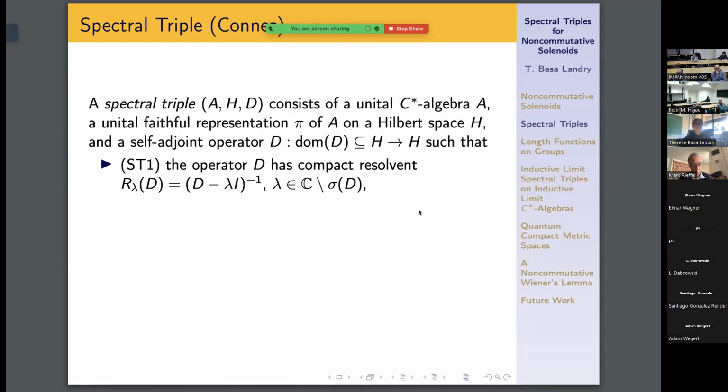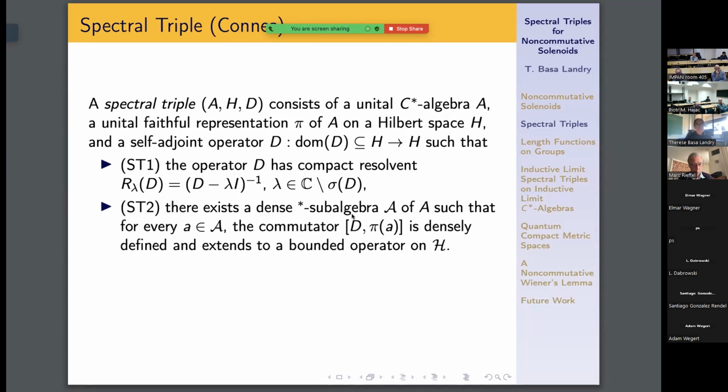The first is that this operator has compact resolvent, which allows for the extraction of notions of metric and measure from spectral data. The next is that there exists a dense star subalgebra of the C-star algebra such that the commutators with the distinguished operator are densely defined and extend to a bounded operator on the Hilbert space.